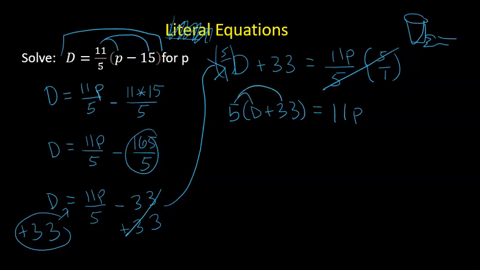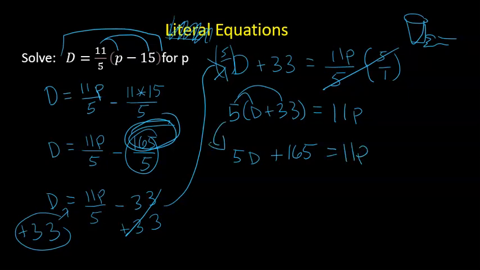I gotta distribute. Technically, you can leave it, but 5 times 33 is 165, right? We got it from here. 5d plus 165 equals 11p. All I did is just distribute the 5. Okay, and now I can get rid of the 11.